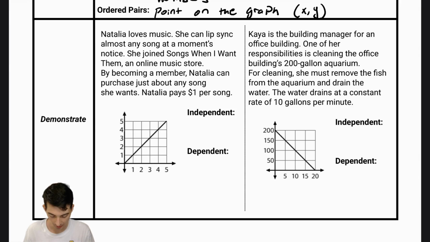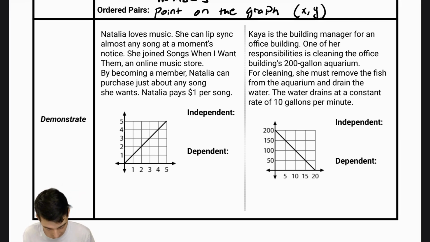Natalia loves music, and she joins this online music store. And when she becomes a member, then she can pay $1 per song. So I think, okay, what depends on what, right? However much money I'm going to spend obviously depends on however many songs that she chooses to buy, right?